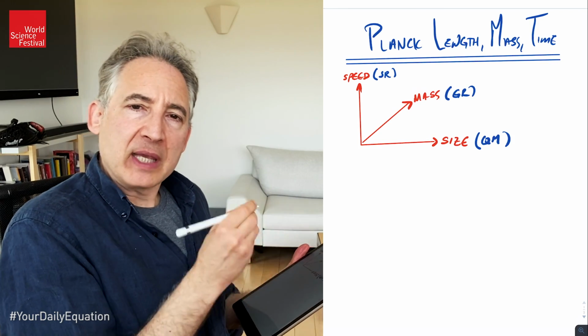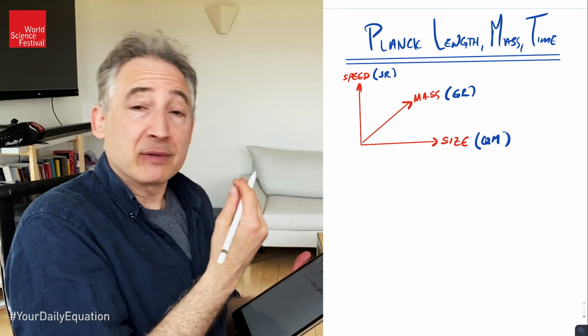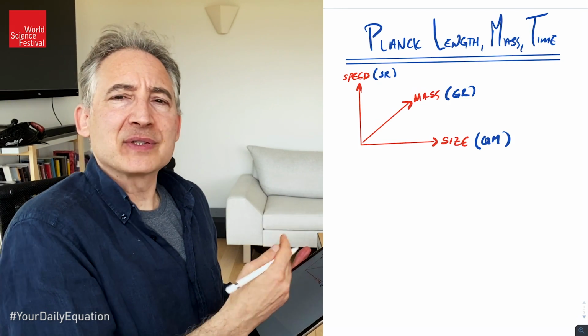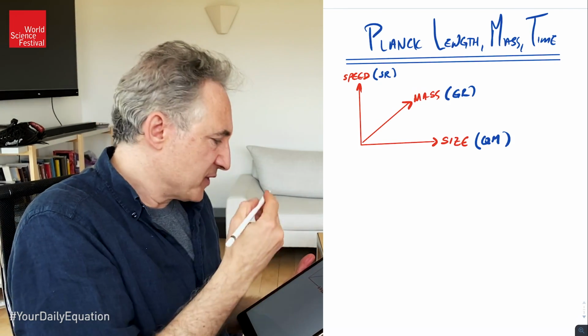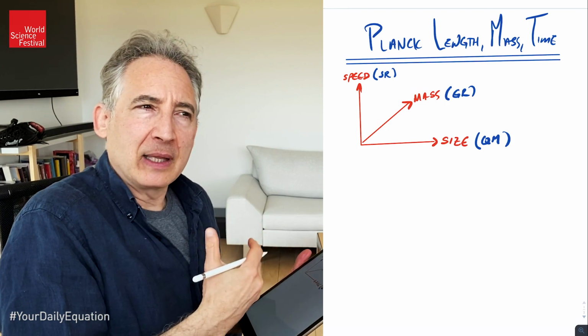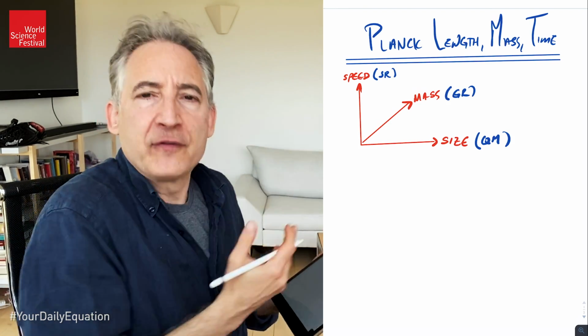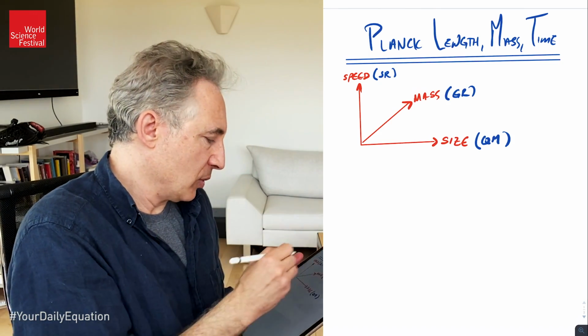And associated with each of these three fundamental theories is a fundamental constant of nature that gives us insight into the kinds of speeds or masses or sizes that really allow these theories to fully flourish, to show how they differ from, say, a Newtonian description of the world.